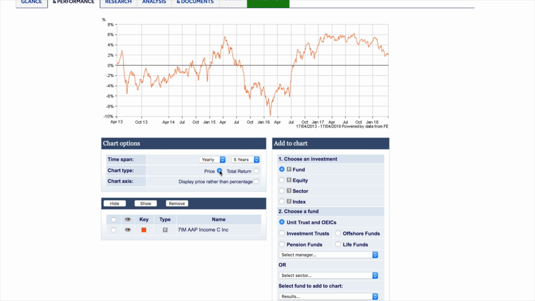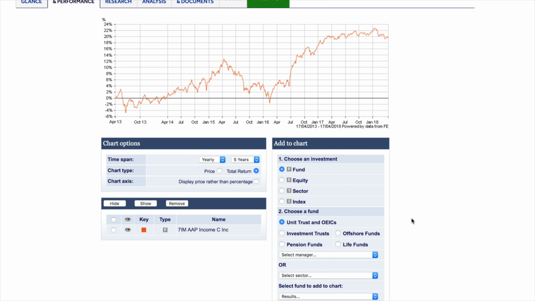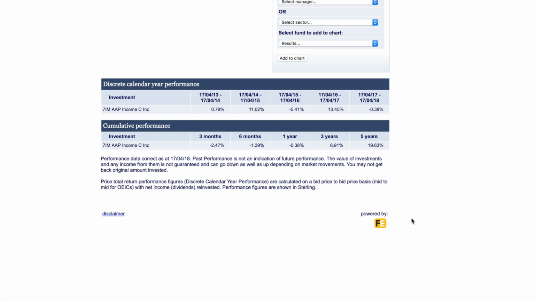But for the vast majority of people, it's what the fund has produced in total that matters, and that's the total return. If I scroll down here, there are two tables. One is the discrete calendar year performance. It's the same as was on the previous page. So what it has done in each single year, starting with the year up to today, and then the previous year, and then the previous year, and there's 5 years there.